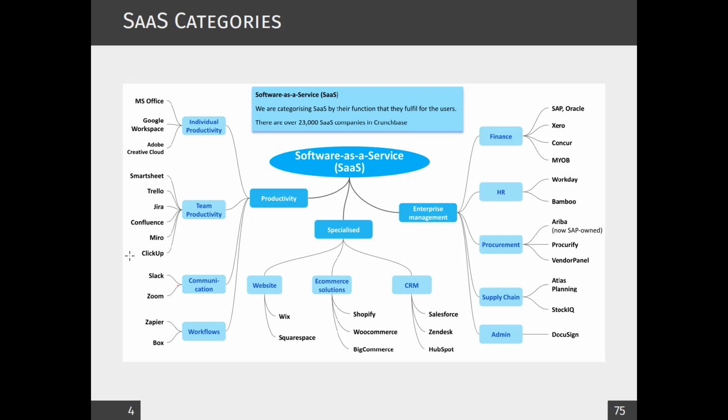Now, according to Crunchbase, there are over 23,000 software as a service companies, right? This is just a number, but the updated one will be much higher.